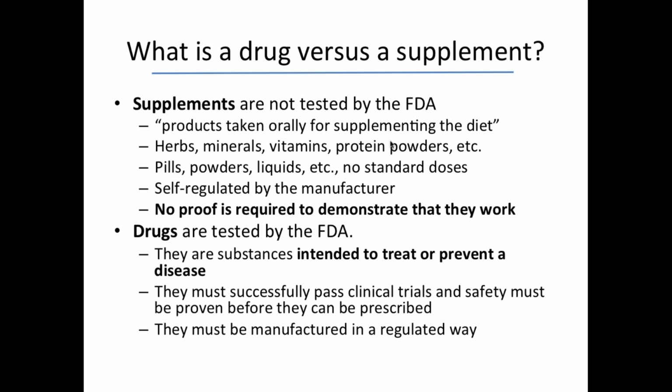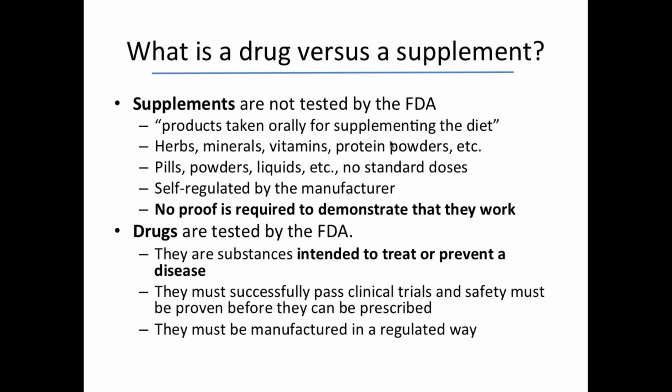And these are things like herbs, minerals, vitamins, protein powders, amino acids, in fact, and other such products. These can come in pill form, powders, liquids. They can look just like a drug, but there's not FDA established standard doses.